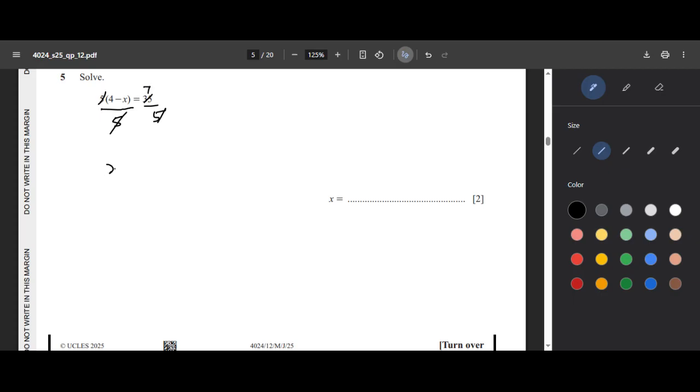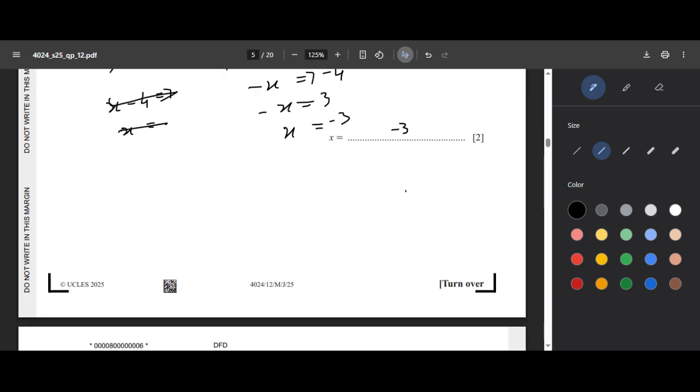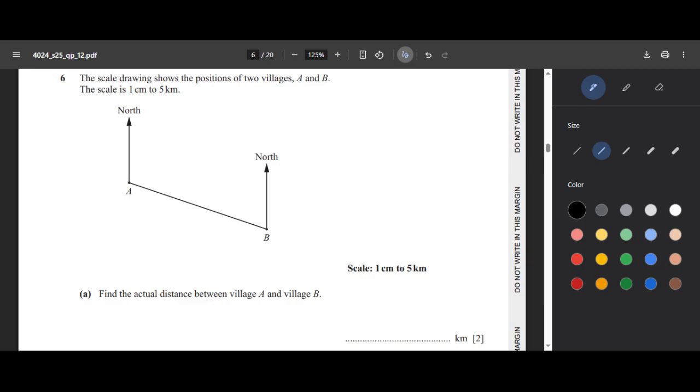So 4 minus x is equal to 7, and minus x is equal to 7 minus 4, minus x is equal to 3, and x is equal to minus 3. This is minus 3.